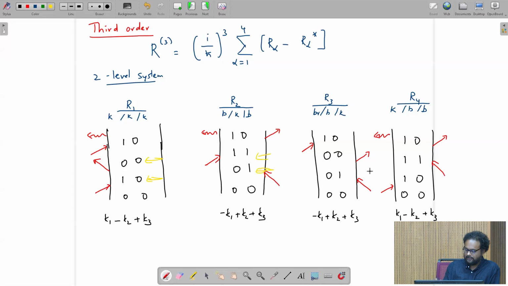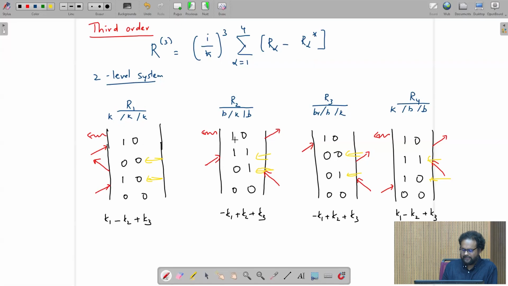This is the coherence, this is the population, coherence, rotation, coherence, population. So the first 2 fields at the end results in a population. The third field interaction projects again this population onto a coherence, and this final coherence is what emits your nonlinear polarization, or generates nonlinear polarization, which emits radiation.